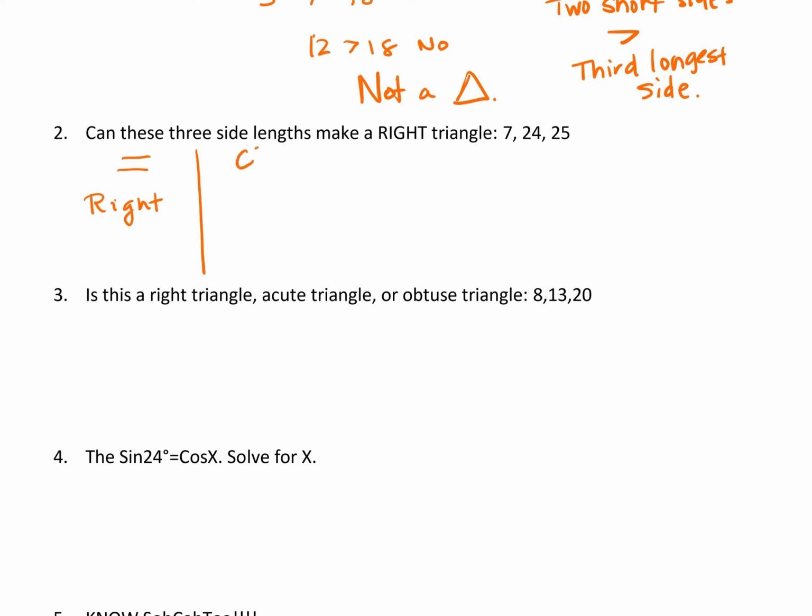If the hypotenuse is bigger than the two legs, then it is going to be obtuse. And the third question, if c squared, the hypotenuse, is smaller, then this would be an acute triangle. And that is basically questions 2 and 3 together.